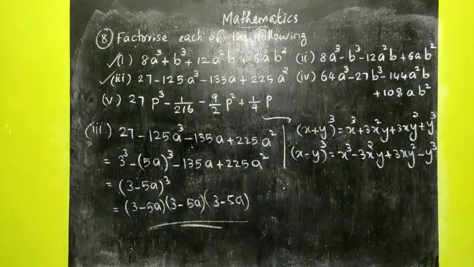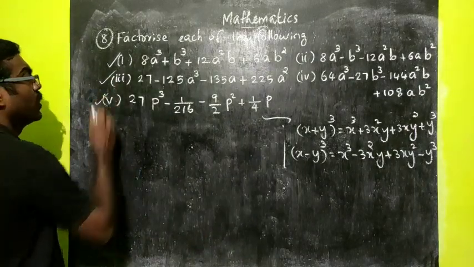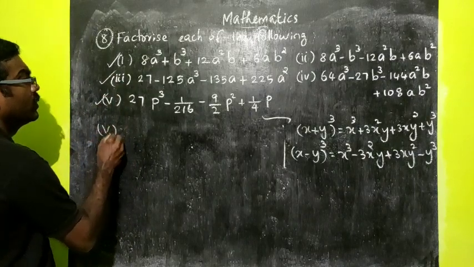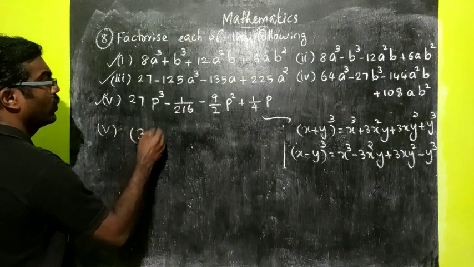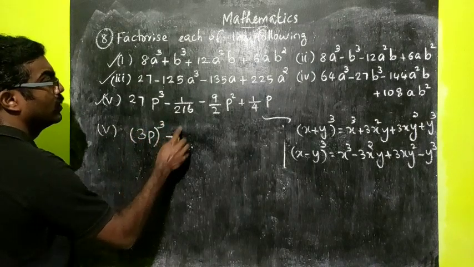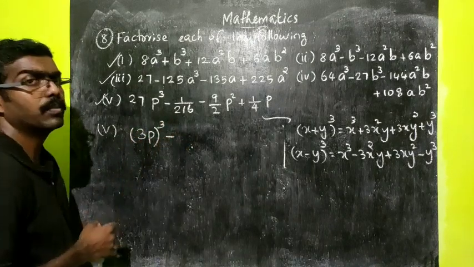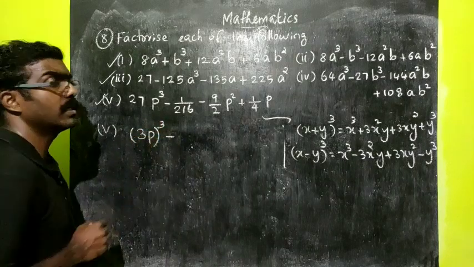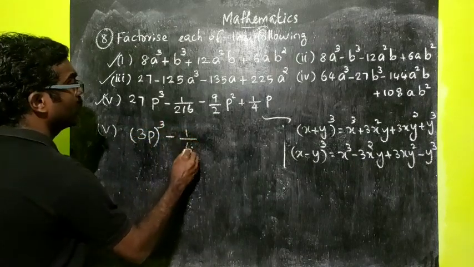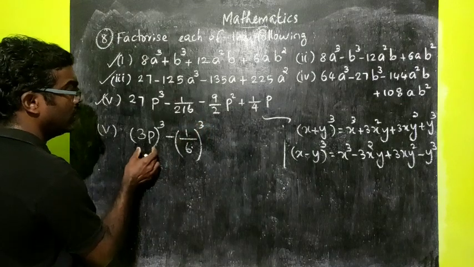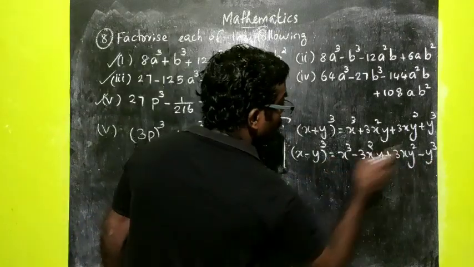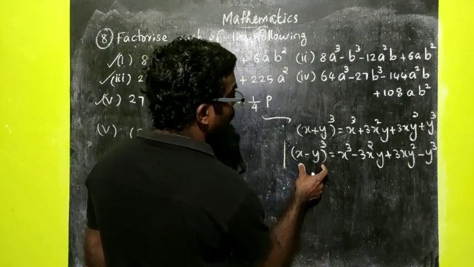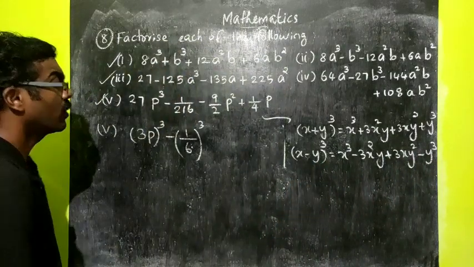Now consider the fifth one. 27p cube is (3p) the whole cube. 216 is 6 cube, so 1 by 216 is (1 by 6) the whole cube. That is x cube minus y cube, so it is of the form (x − y) the whole cube.